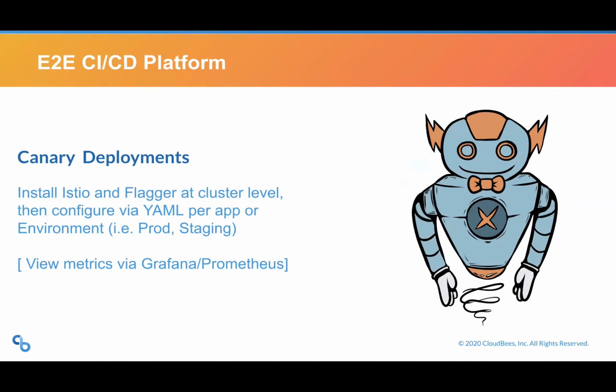We achieve canary deployment capabilities using these open source tools, and all you have to do is specify a few things in your YAML app configuration, and off you go, deploying a new feature to a percentage of your audience, whatever that may be.